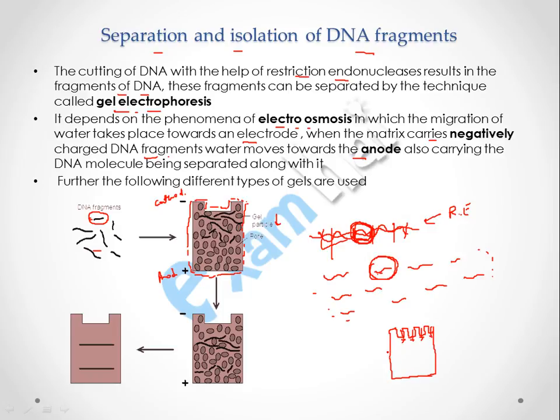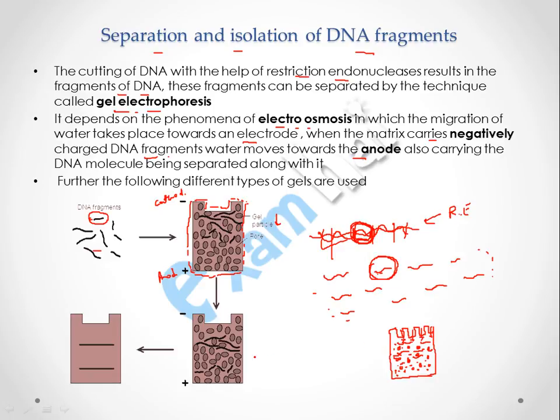solution containing DNA fragments. Okay, so in this, as you can see, there are many gel particles and a pore between the gel particles. According to the DNA size, they will separate themselves. The longer particles will stay on the upper side, and the smaller particles will move towards the lower side.